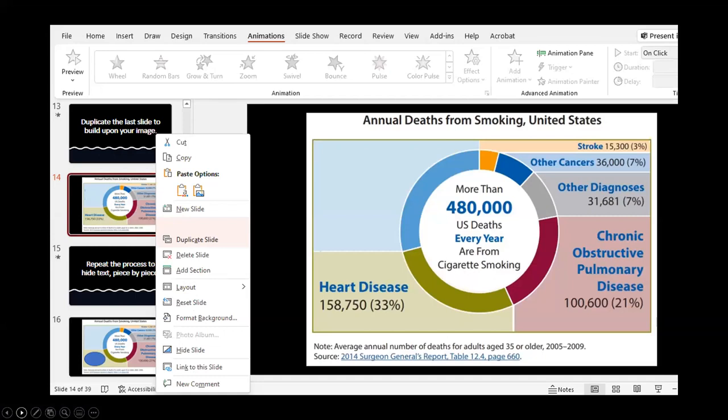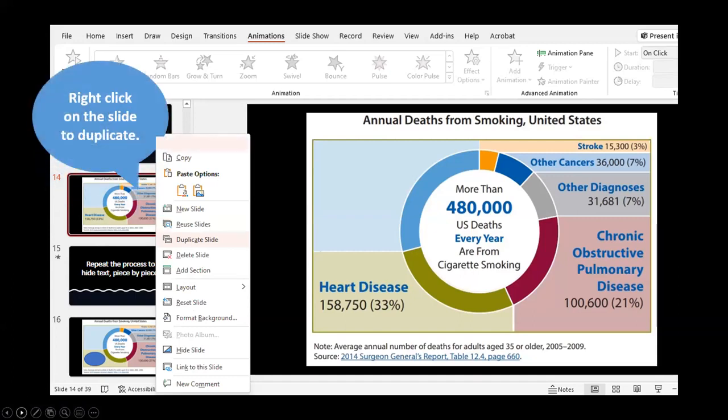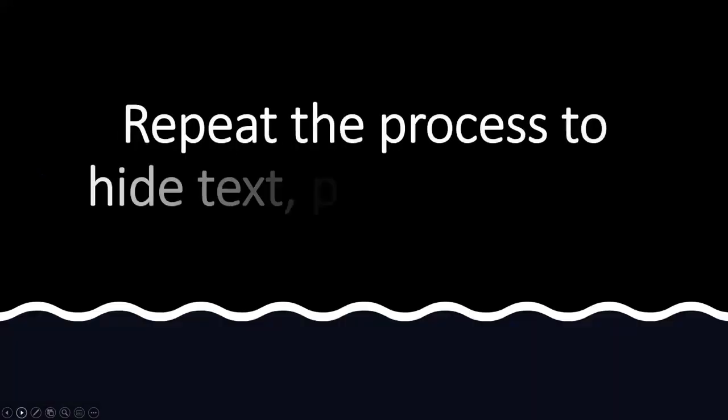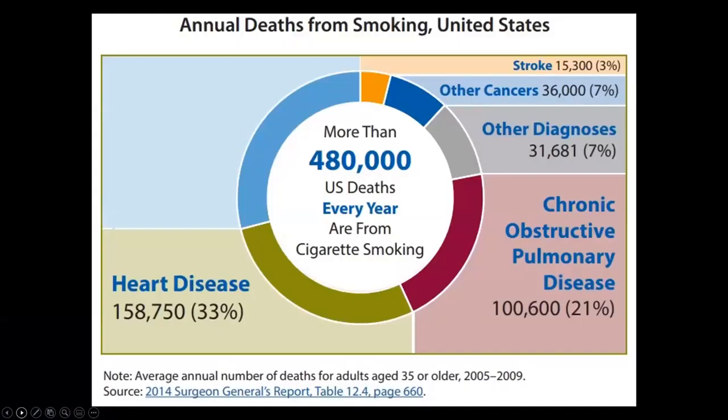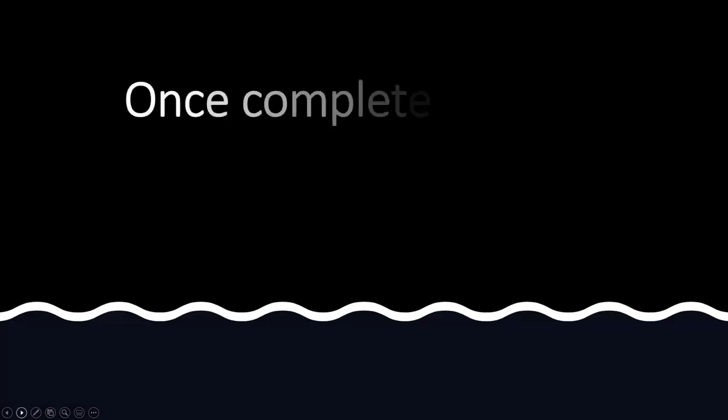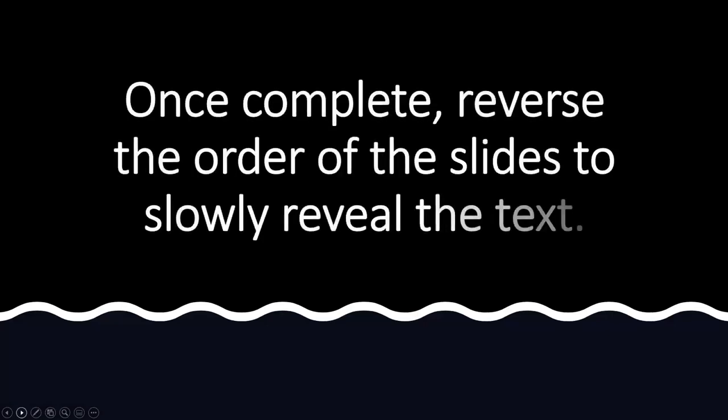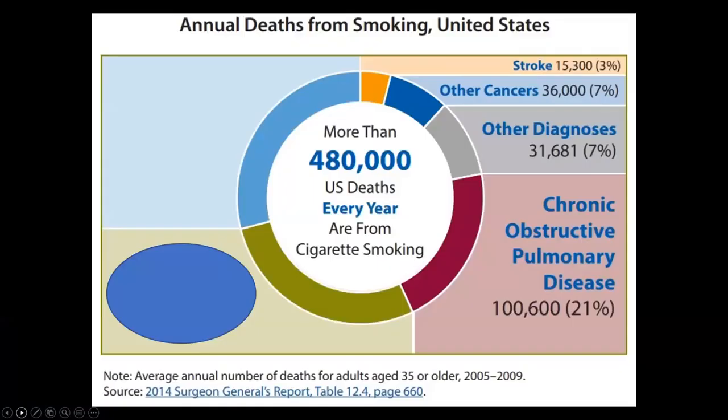So to duplicate the slide, you would actually click on the slides on the left and, by right-clicking, go down to duplicate slide. And then you're going to repeat that process to hide the text piece by piece, like so. And then once complete, you can reverse the order of the slides to slowly reveal the text.